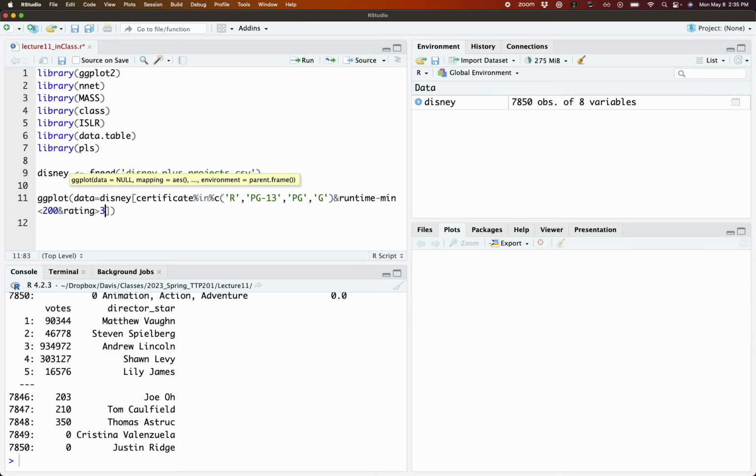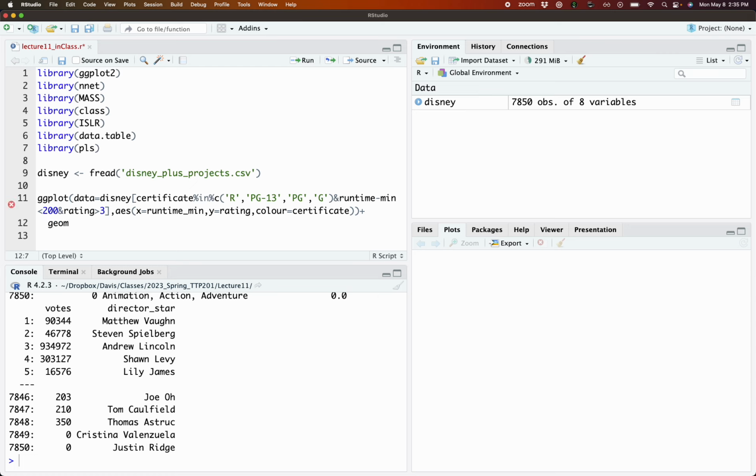And we're gonna look at movies that had a rating above 3. Some of this is a little bit artificial just to make the example work, but that's all right. Hopefully everyone will still understand what's going on here.